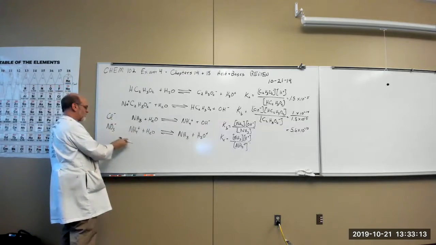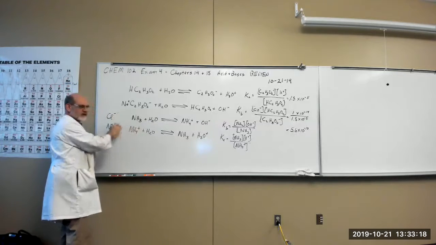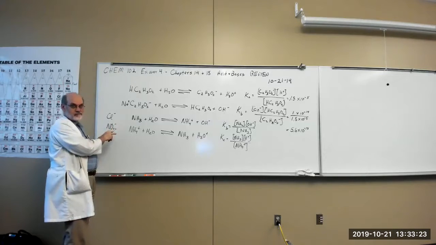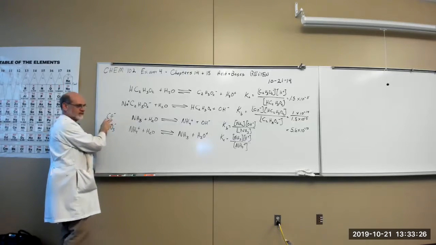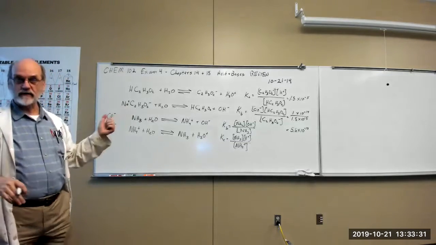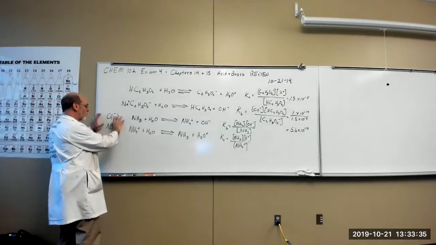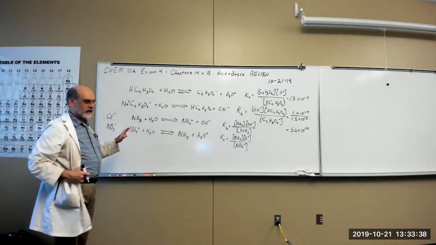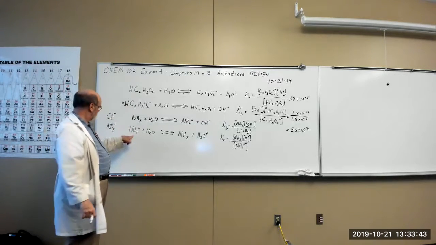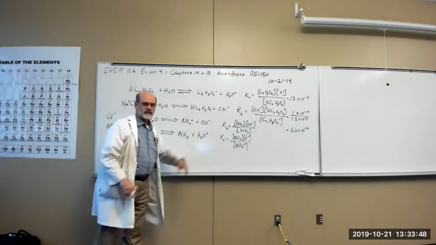So ammonium nitrate or ammonium chloride would give you this one without the interference of these spectators, because they're not going to react with water. Right? Remember, hydrochloric acid in water completely dissociates and chloride doesn't go backwards. Same thing with nitrate. So that means you're safe putting these in water and getting no reaction with water. This is the only part of the molecule that will react with water. So these as your anions would give you this in water and that reaction.